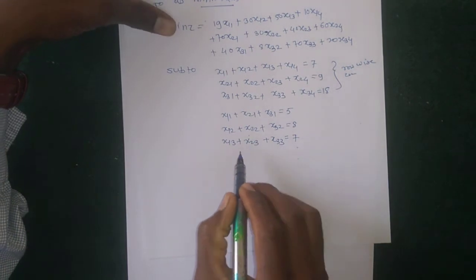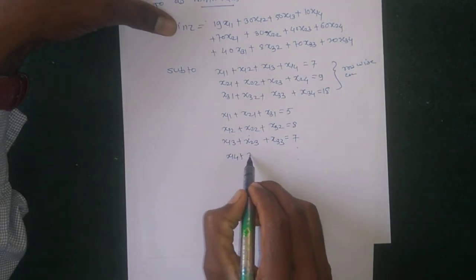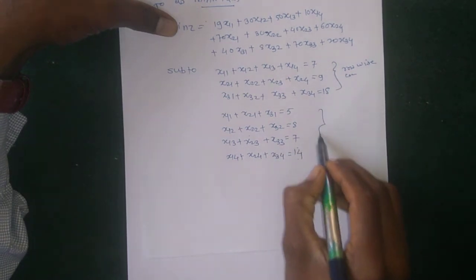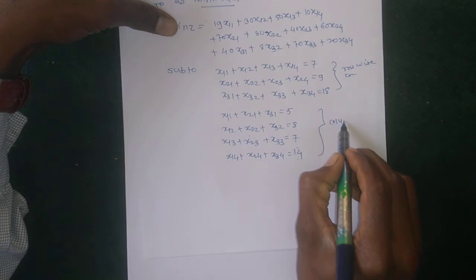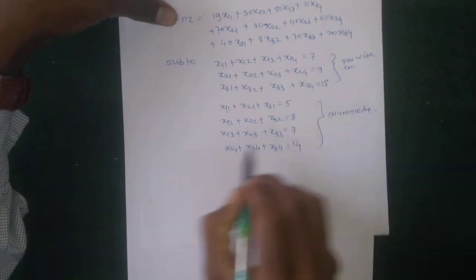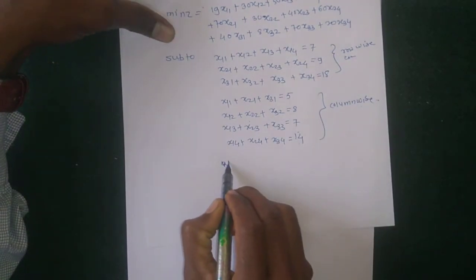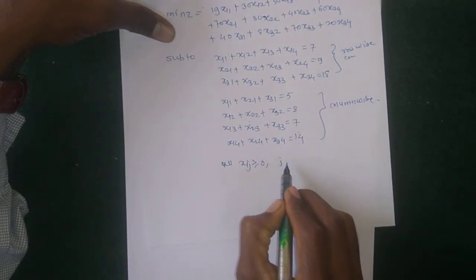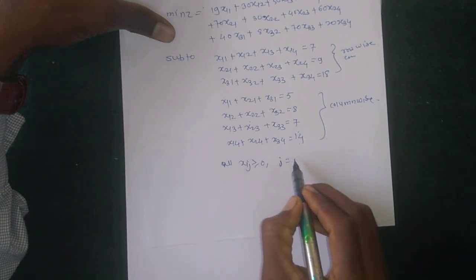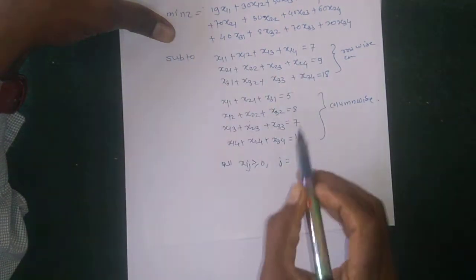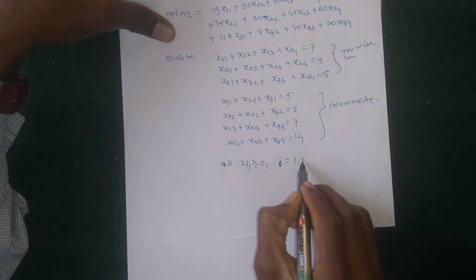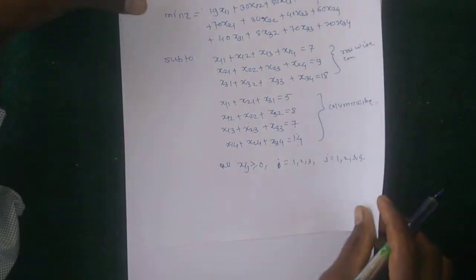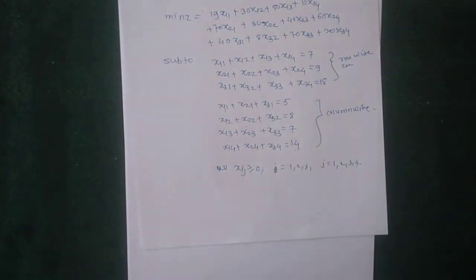And last is x14 plus x24 plus x34 is equal to 14. These are column wise constraints, and all xij are greater than or equal to 0, where i runs from 1 to 3 for the rows and j runs from 1 to 4 for the columns. This is our LPP.